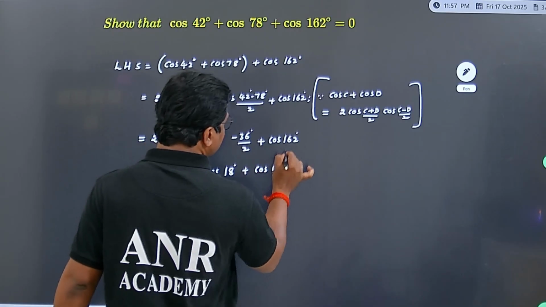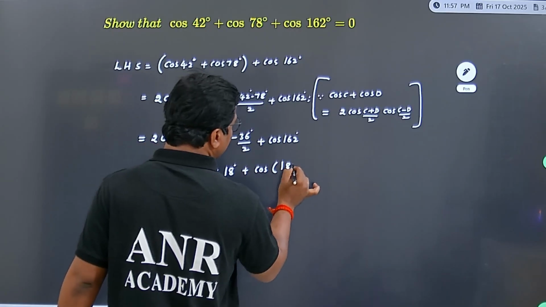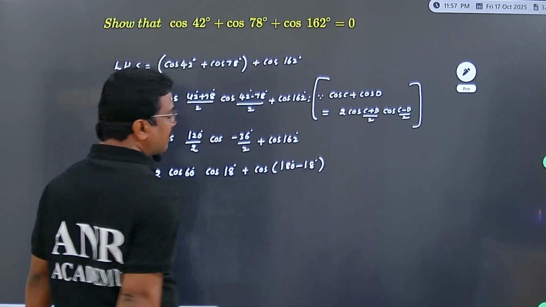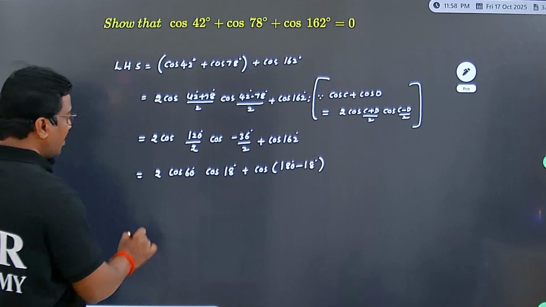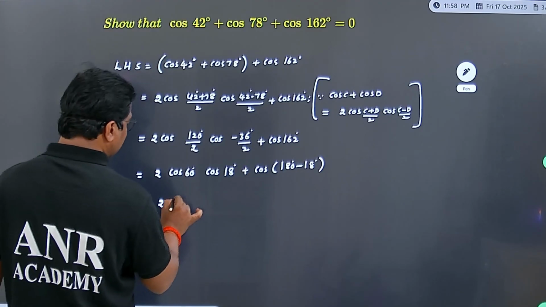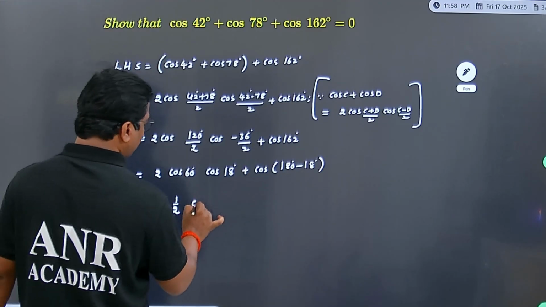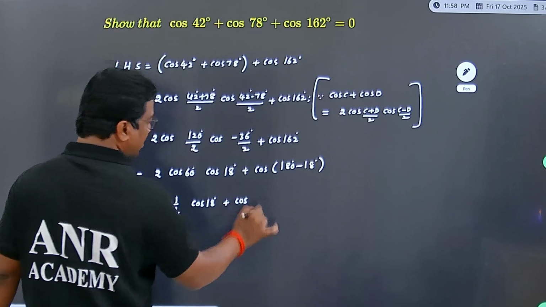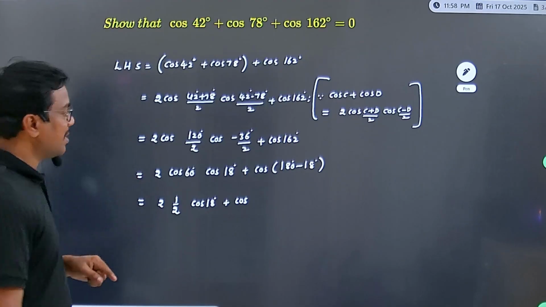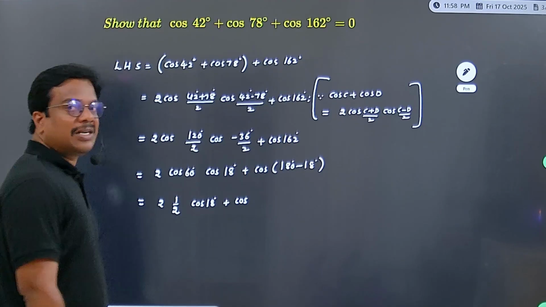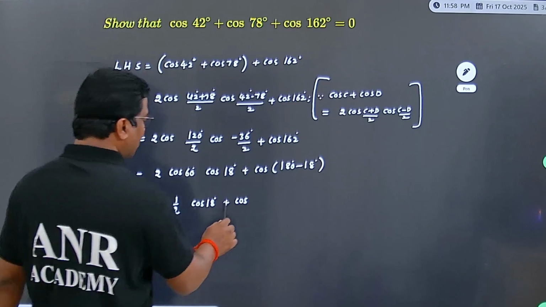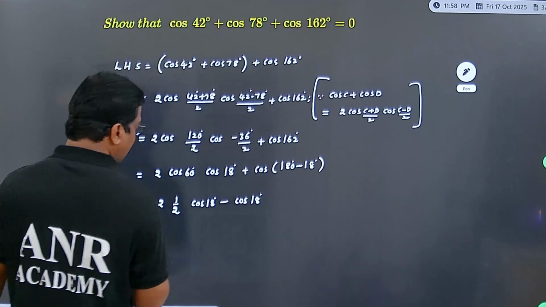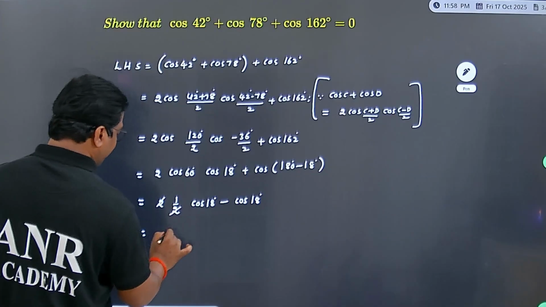Next here, 162 degrees is written as 180 minus 18 degrees. And here cos 60 degrees value 1 by 2 multiplied by cos 18 degrees. Next, cos (180 minus theta): in the second quadrant cos is negative, so here you have to write minus cos 18 degrees. 2 gets cancelled.